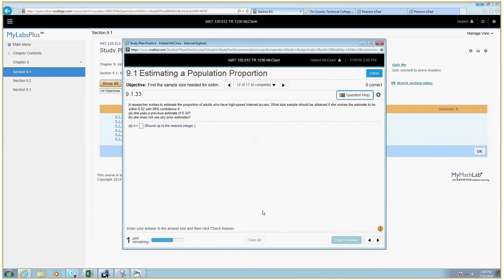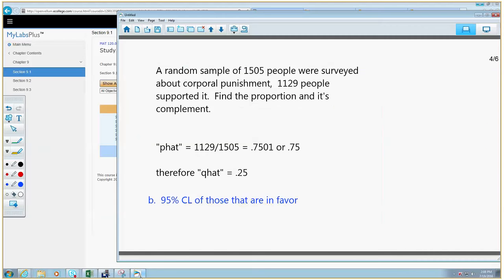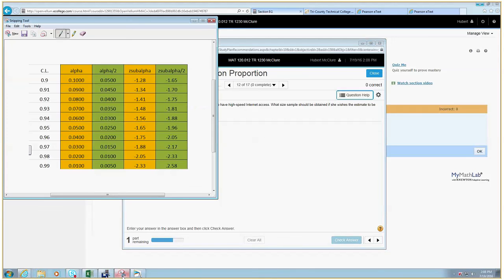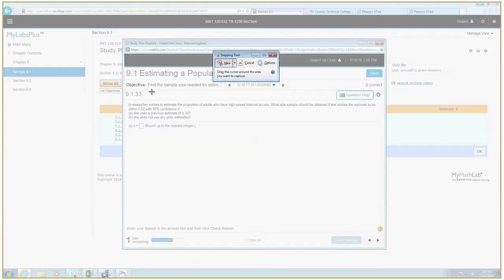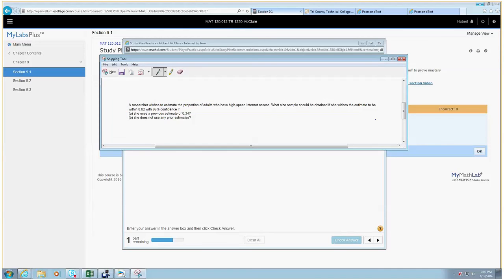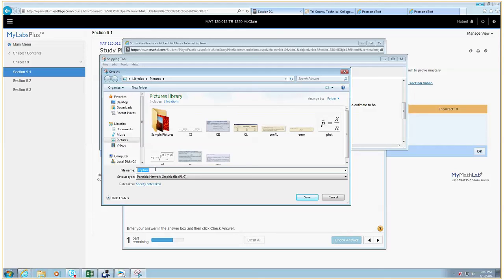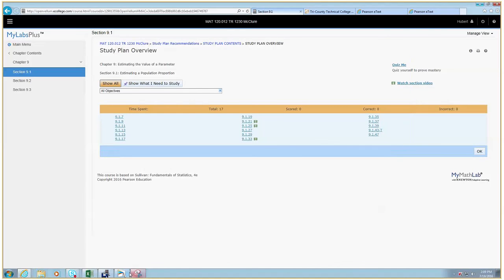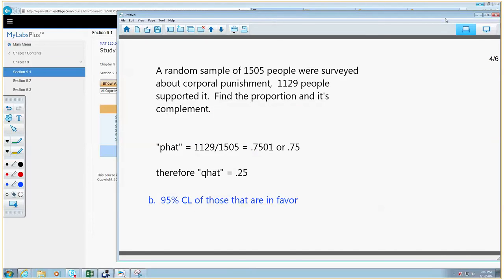And I'm going to need to do this. No, I can't do that. I've got to cut it out. Snip. I don't know what problem this is, I'll just say N. And I'll bring it in, and I'll bring my calculator in.